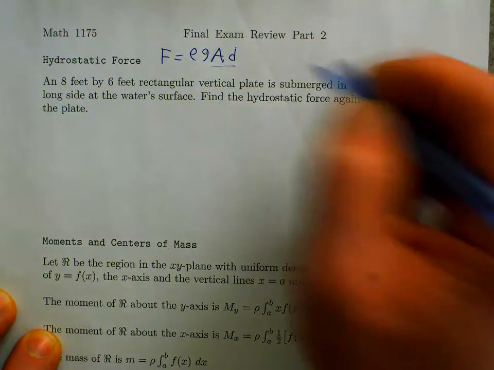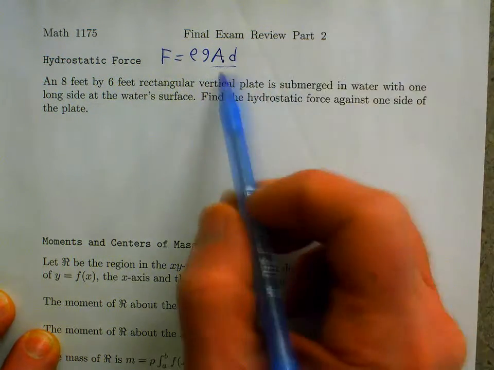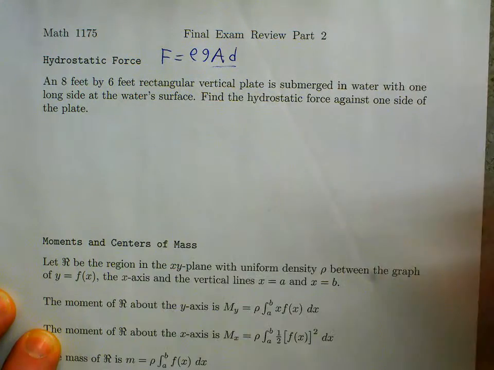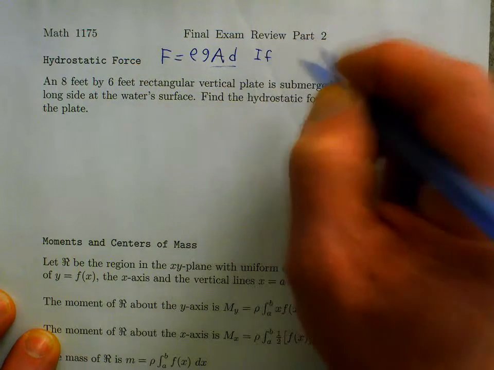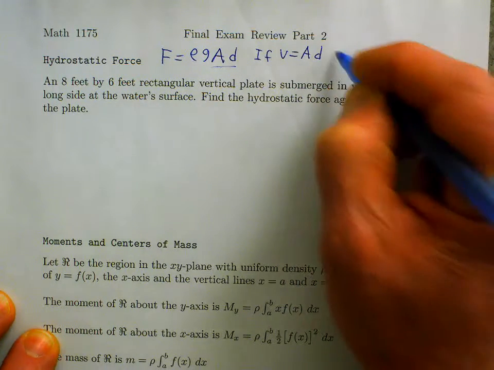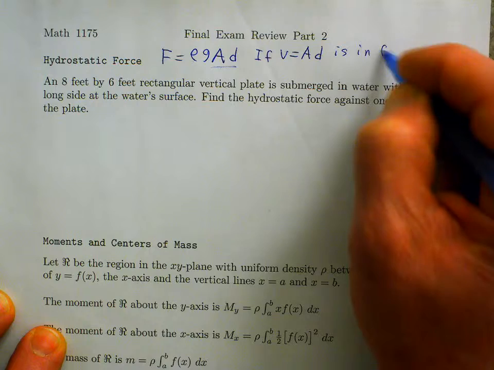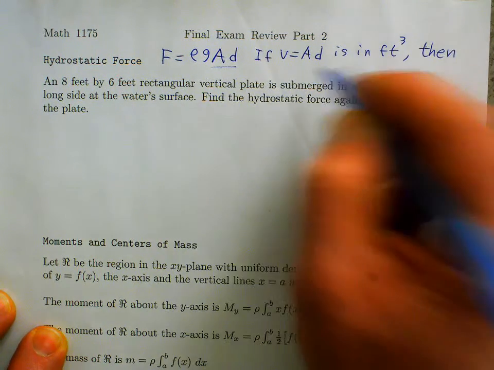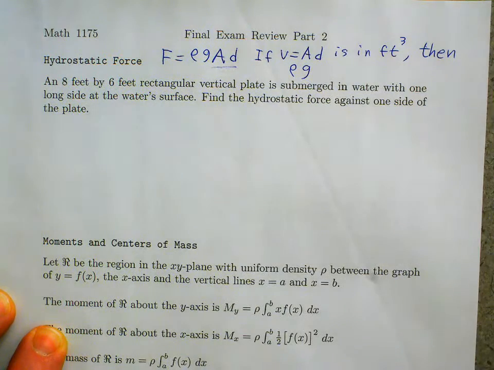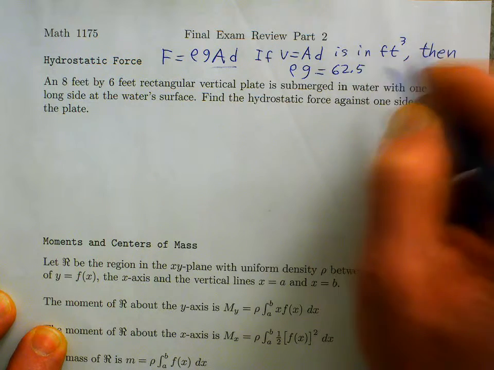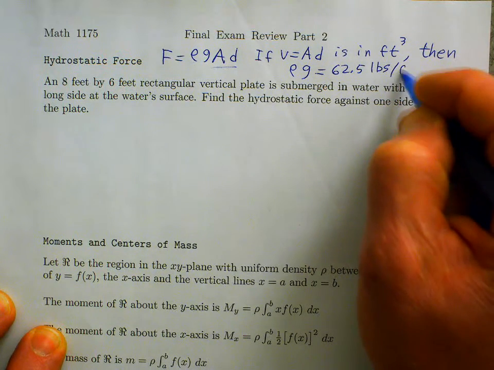So if the volume, A times D, is measured in cubic feet, which is what this example is going to have, then rho times G is the weight density of water, which is 62.5 pounds per cubic foot.